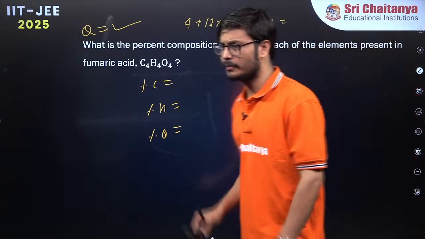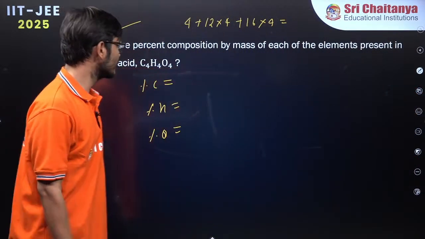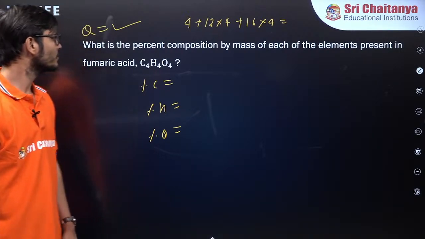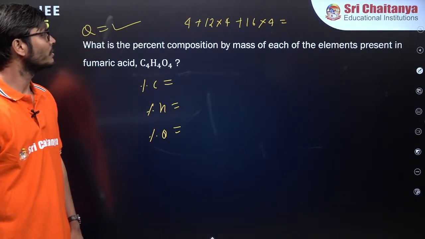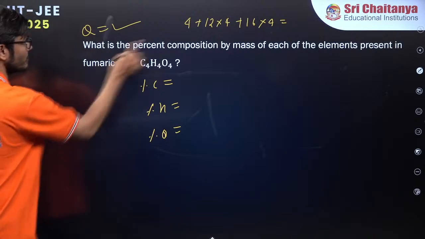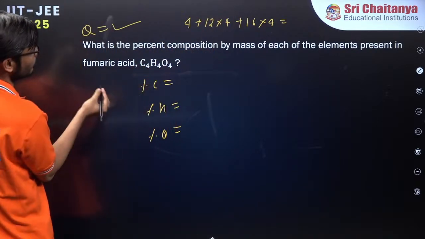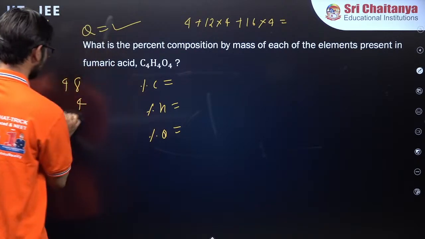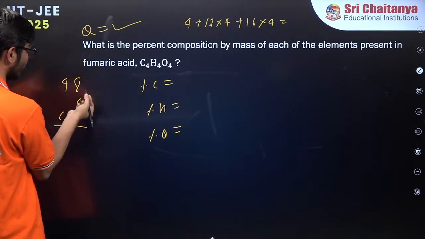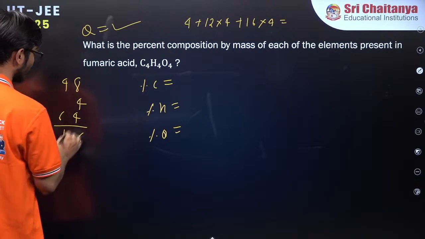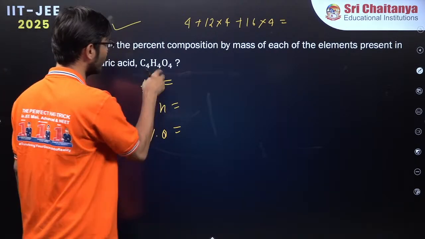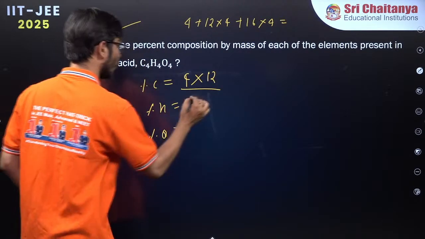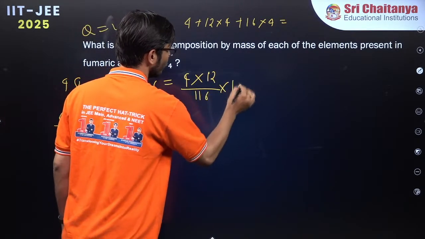Give me the percentage of carbon. 12 into 4 is 48, and 16 into 4 is 64. So the total is 4 plus 48 plus 64, which is 116. Percentage of carbon is 12 into 4 by 116 into 100.